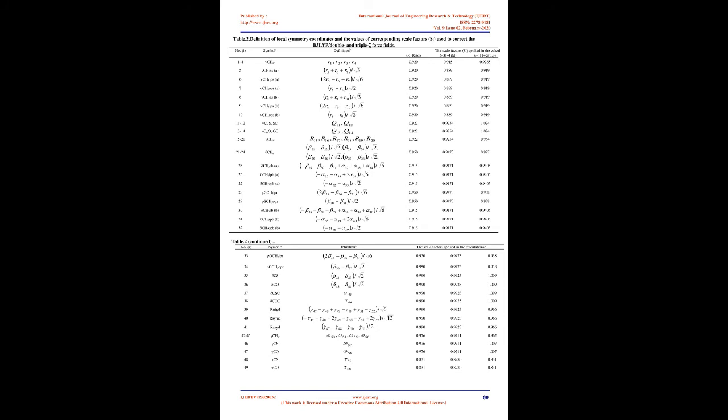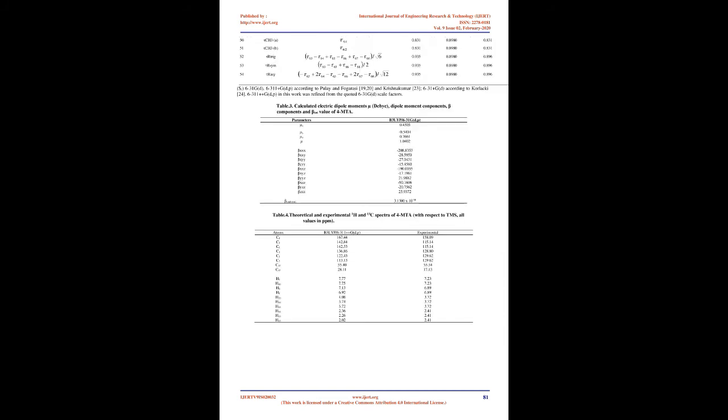For each donor, i, and acceptor, j, the stabilization energy E2 associated with the delocalization i to j is estimated as in equation 8, where q_i is the donor orbital occupancy, Ej and Ei are diagonal elements, and F(i,j) is the off-diagonal NBO Fock matrix element.